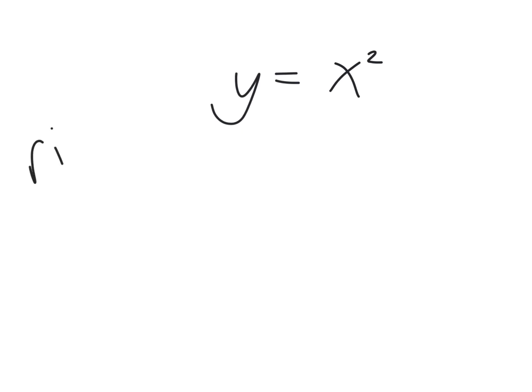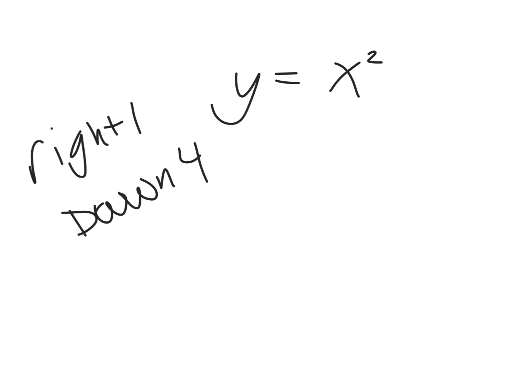Let's say I said that by just using words. Right 1 and down 4. Would you know how to write it now? I would. Would you know how to write it? Not graph it. The equation. Just write the equation for it.